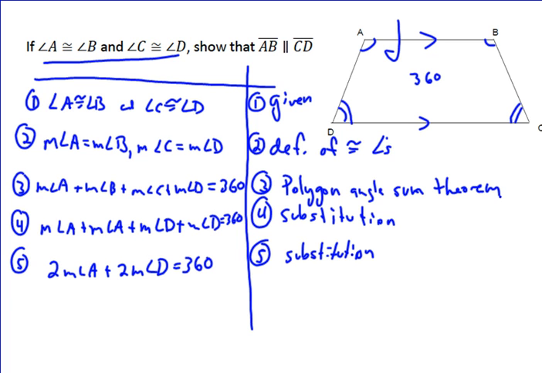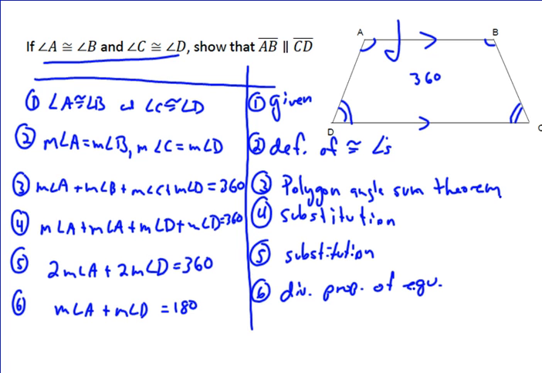Then I notice that was really nice because I can divide out a 2, which gives me measure of angle A plus measure of angle D equals 180, which was good. And that's just the division property of equality. And then that's good because that tells me angle A and angle D are supplementary. And that's just by the definition of supplementary angles.